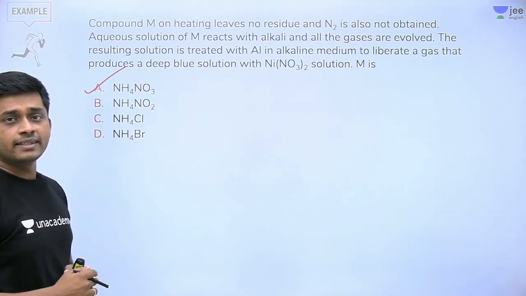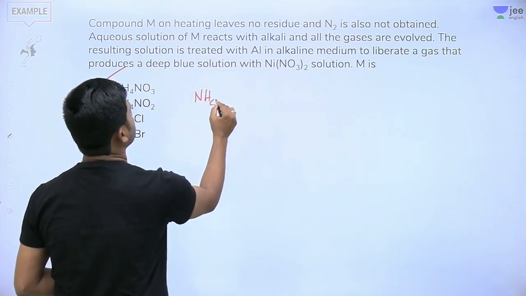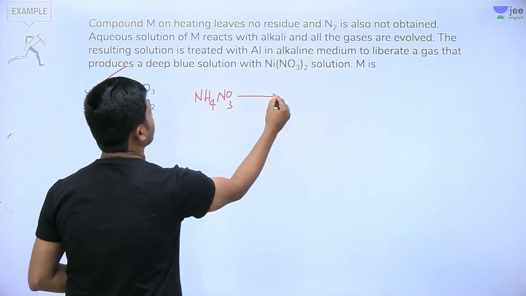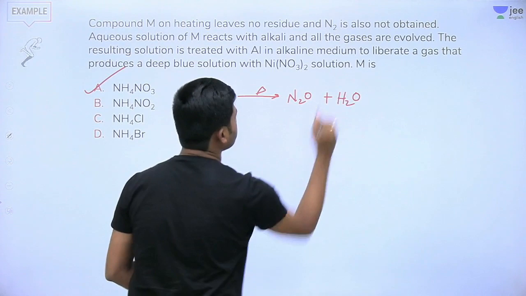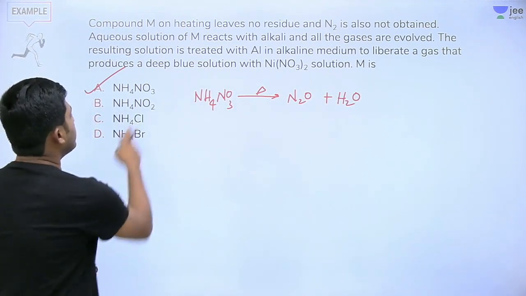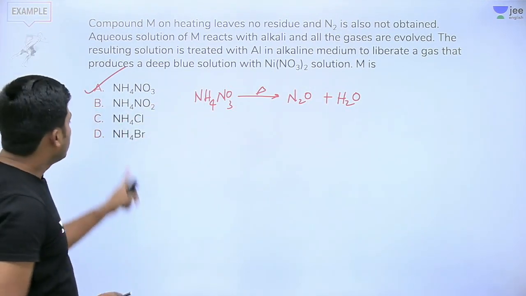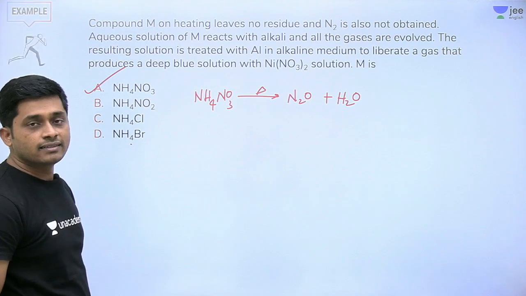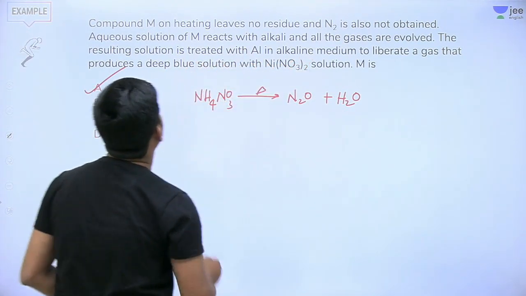Ammonium nitrate. What is ammonium nitrate here? It decomposes upon heating. What will we get? N2O plus H2O. N2 is not obtained. With this, N2 is obtained. With this, ammonia and HCl. Ammonia and HBr. Right? So here, alkali and all gases are evolved.